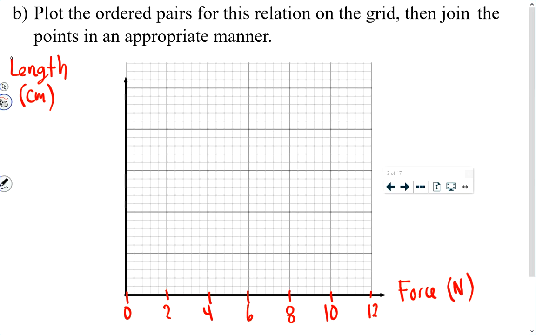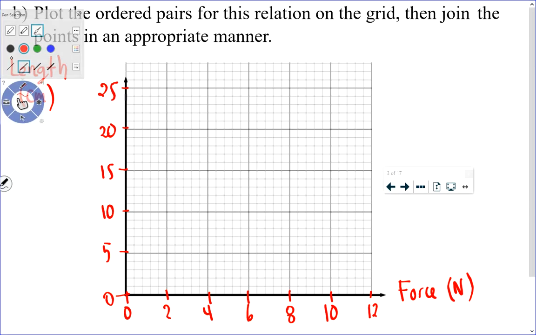The length goes up to, I'm looking at my note package here, up to 24 centimeters. Oh, that works out very well. We can say that this is 5, 10, 15, 20, 25 will go here. And I'm going to plot the points. I'll use green to plot the points.